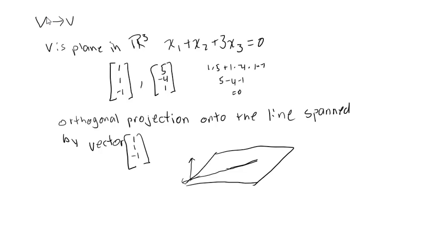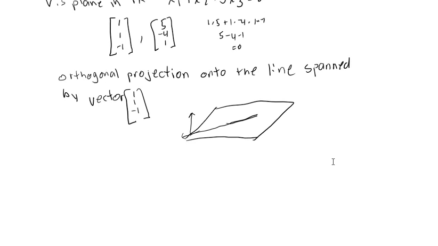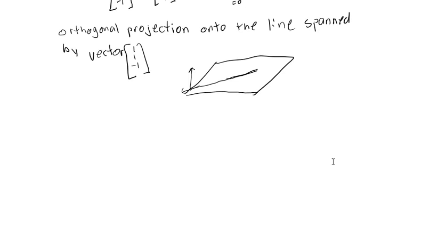Well, this will be easier to do if we pretend that we're looking at the plane from directly above, so it's just going to look like the xy plane. And let's make this our line that we want to project onto.